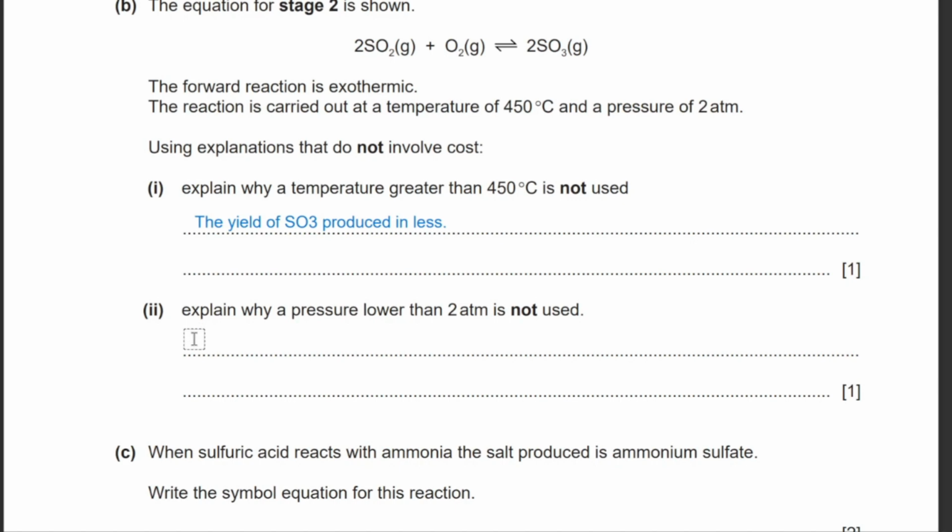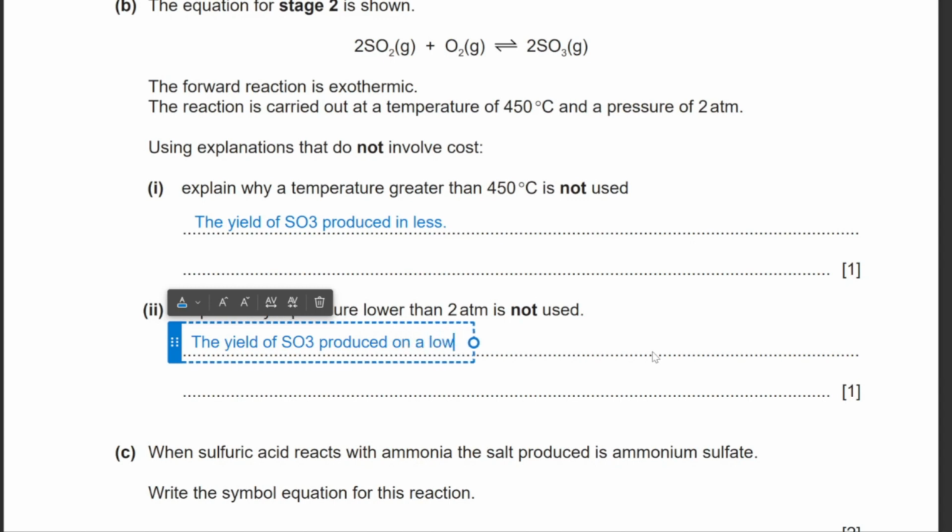So that's why we cannot use a pressure that's too low. So we will write the same answer again. The yield of SO3 produced at a lower pressure is less.